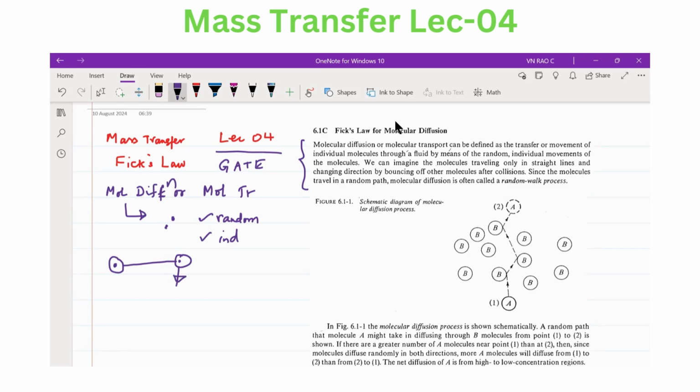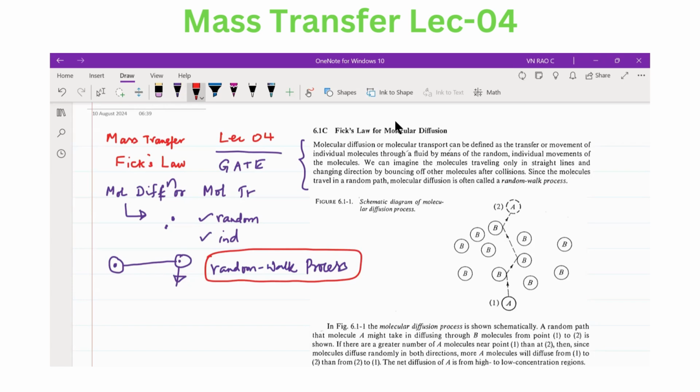So the molecules travel in a random path. That means molecular diffusion is also known as a random walk process. This is the beauty of the diffusion principle, right?